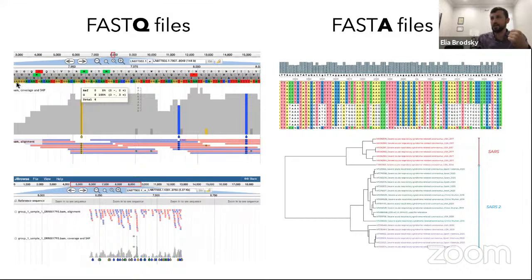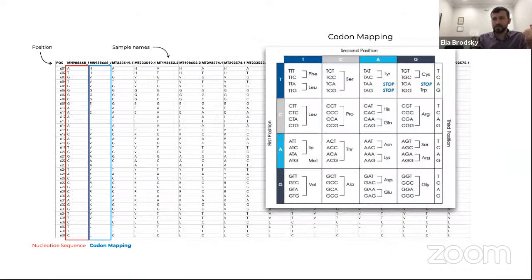So you can see here that we have the nucleotide sequence, and then we have these reading frames. And there are several options for these reading frames. So we can get different types of amino acids based on the changes that we observe. So a typical process is to map these nucleotide sequences into codons.